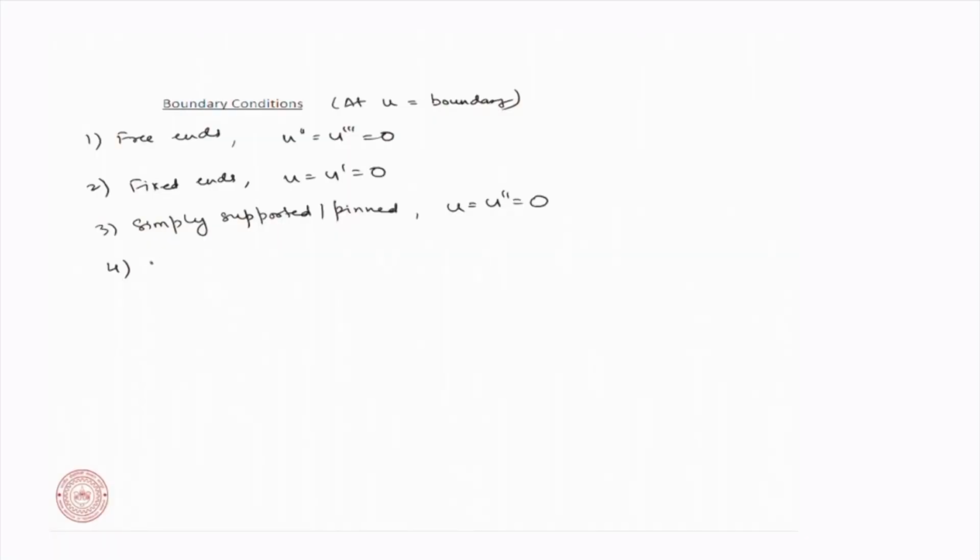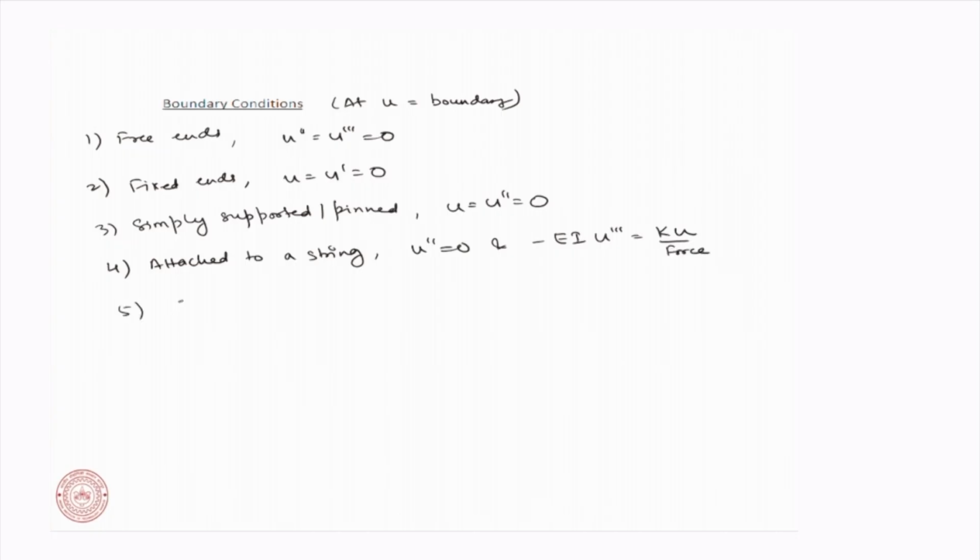Then we could have it attached to a spring. This u double prime equals 0 at that end, and minus E I into u triple prime is equal to the spring constant times u. This is your force.